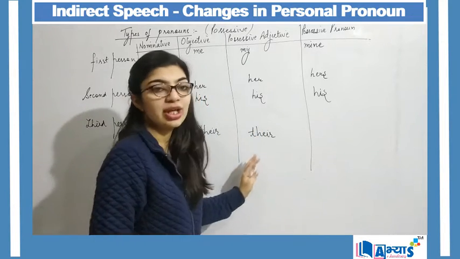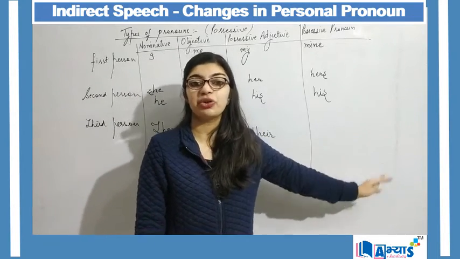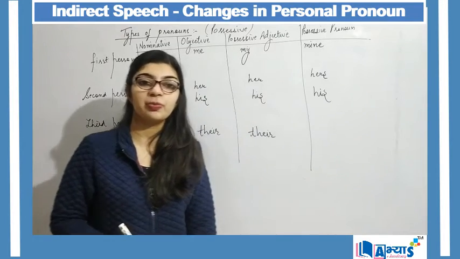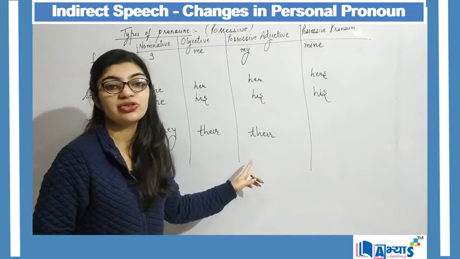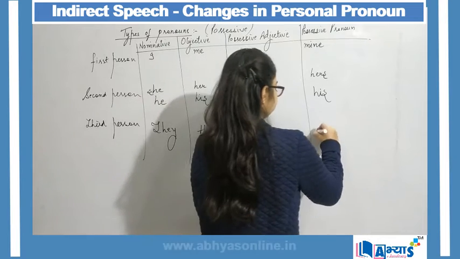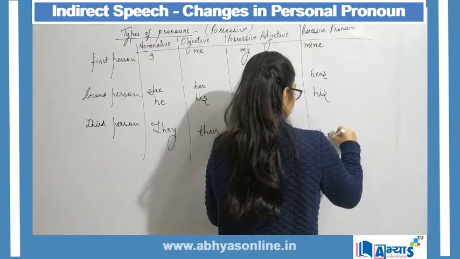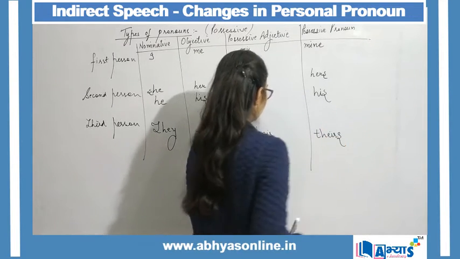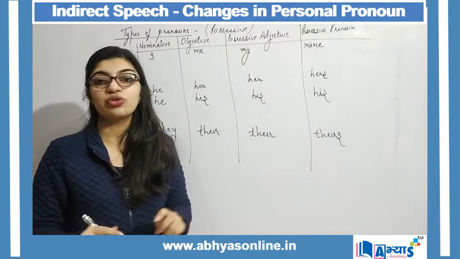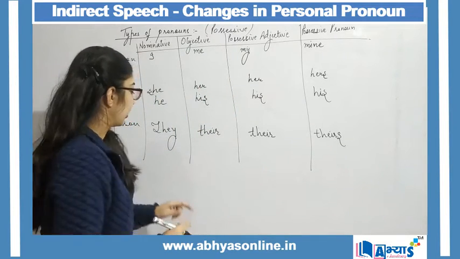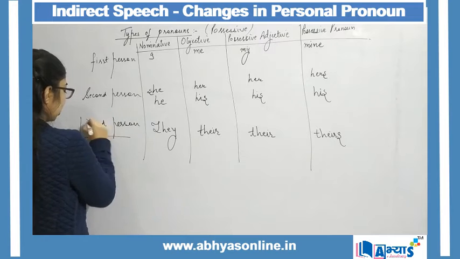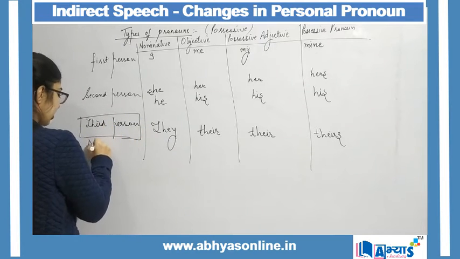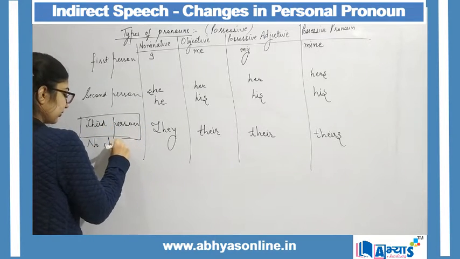But if I want to change it into a possessive pronoun, their will change to theirs. So, the classroom is theirs. Now, I say that for the third person, there is no change.